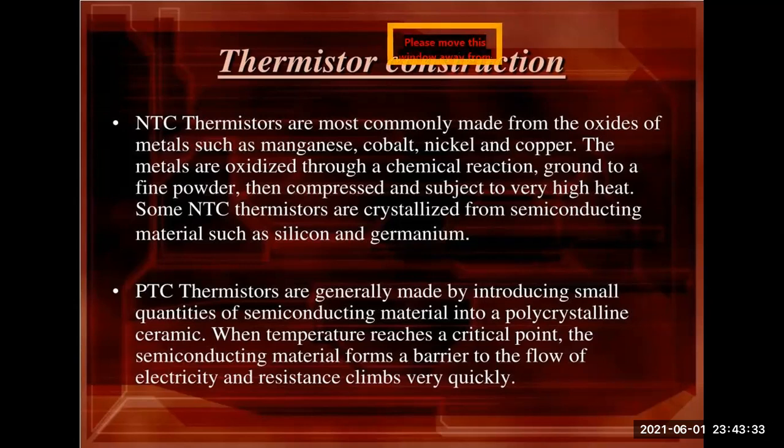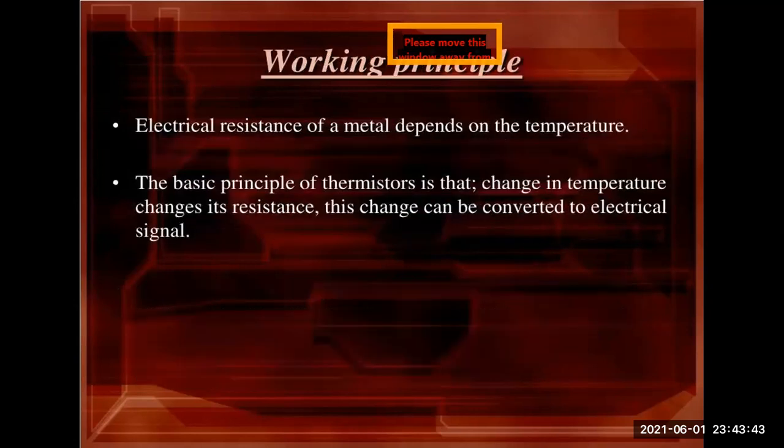Right. So we started with the definition of a thermistor and how it looks, and then we went through the different categories of thermistors. What is the basic principle on which the thermistor works?